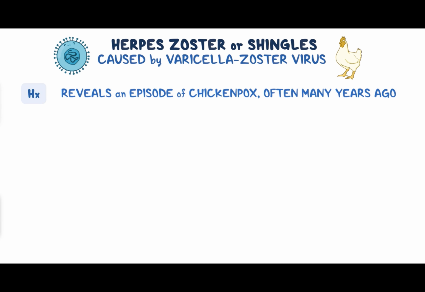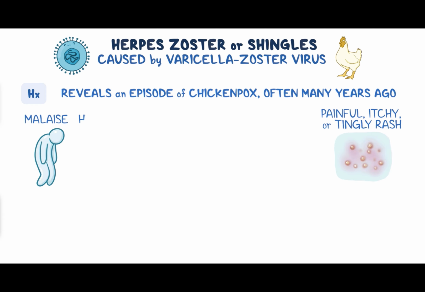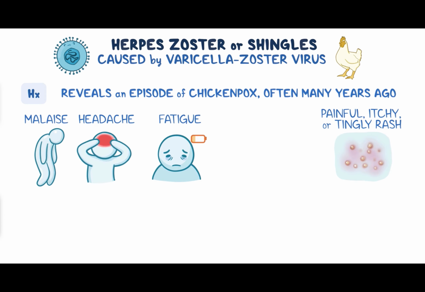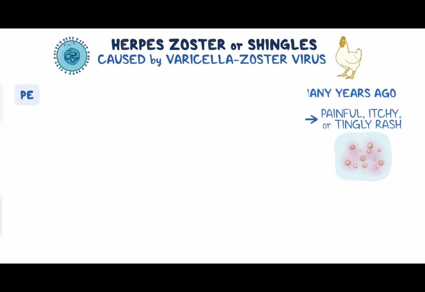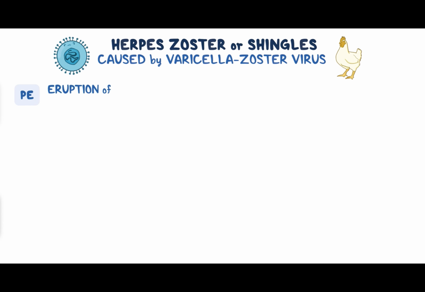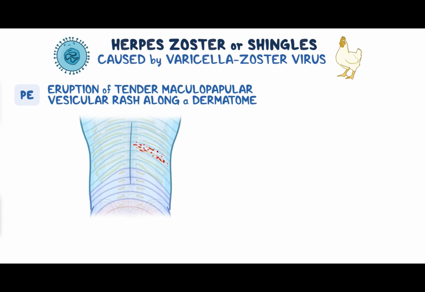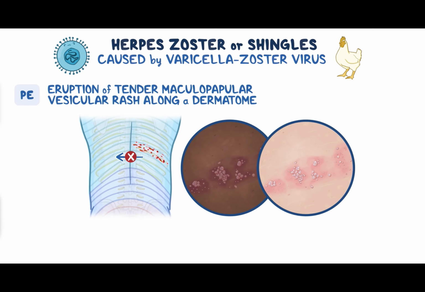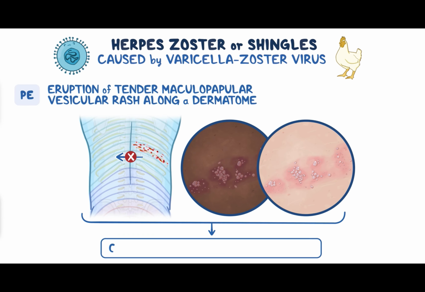Additionally, patients typically report a painful, itchy, or tingly rash, sometimes with a prodrome of malaise, headache, fatigue, and low-grade fever. On exam, you can expect to see an eruption of a tender maculopapular vesicular rash along a dermatome that does not cross the midline. With these clinical features, consider a herpes zoster infection.